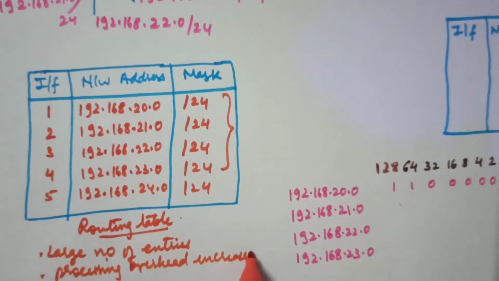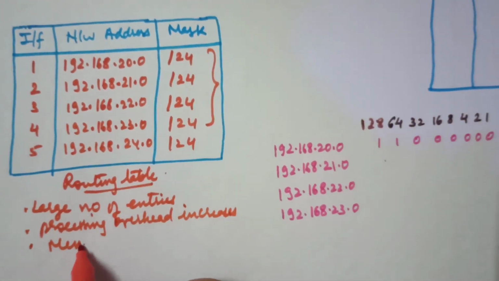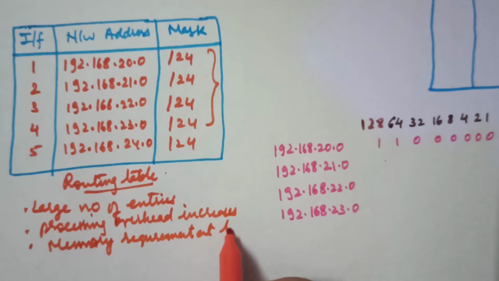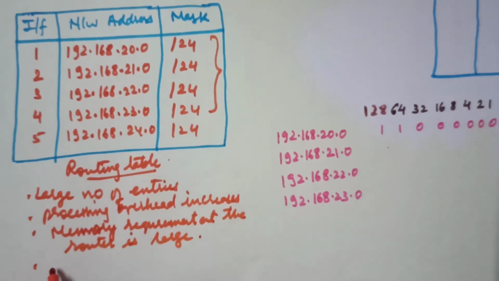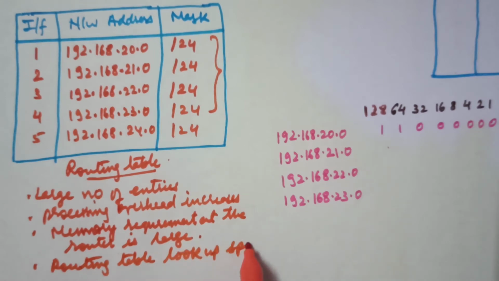Memory requirement at the router is large, and the routing table lookup speed is low.